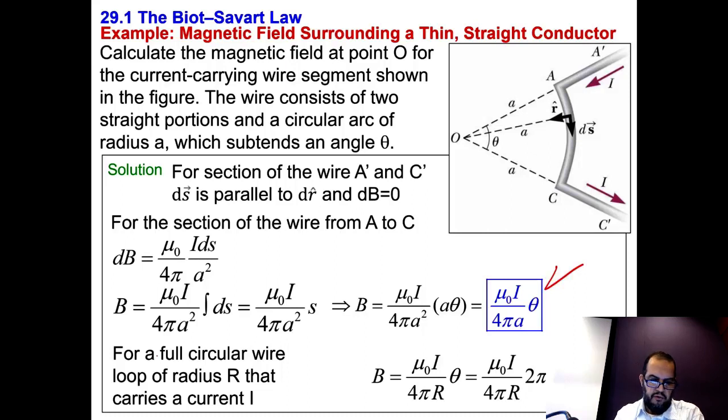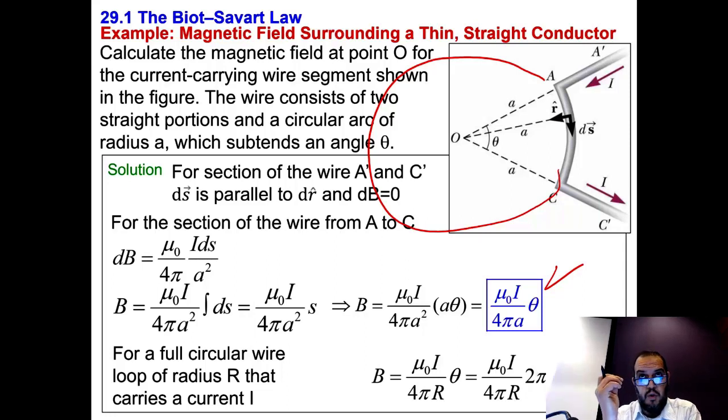Now for a full circle, we can replace theta by 2 pi. Remember, the angle theta always has to be in radians. So if I go for a full circle, theta becomes equal to 2 pi radians, and the equation becomes mu 0 I times 2 pi divided by 4 pi a, which simplifies to mu 0 I divided by 2r.